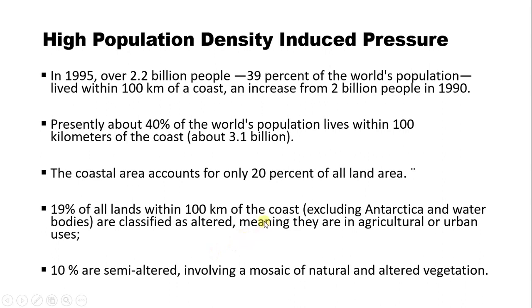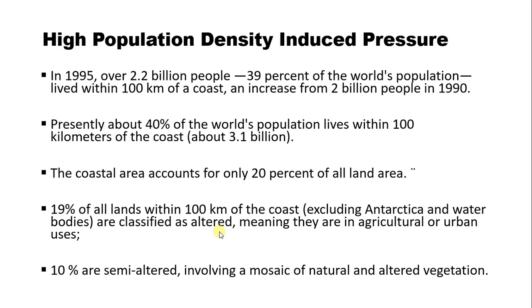Now, what it means is that the original, pristine state of that environment has been altered, meaning that they are in agriculture or urban uses. So it's either they are used for agriculture, of course, proximity to water and so on, or they are used for developmental activities. 10% are semi-altered, involving a mosaic of natural and altered vegetation.